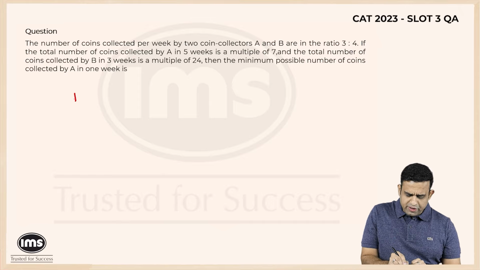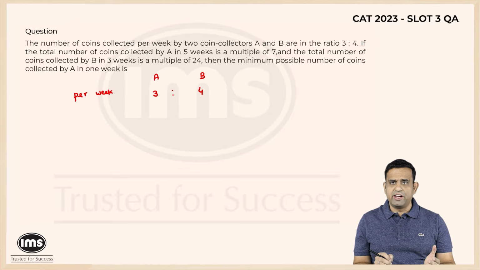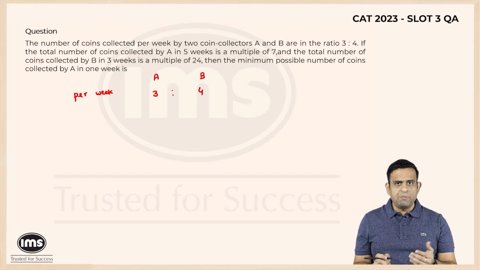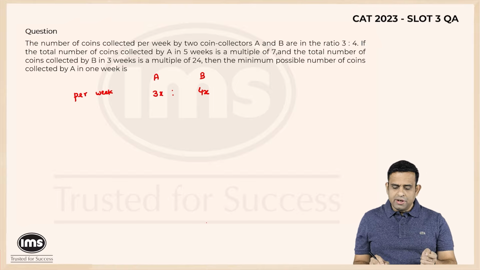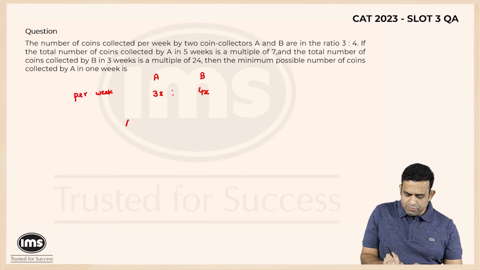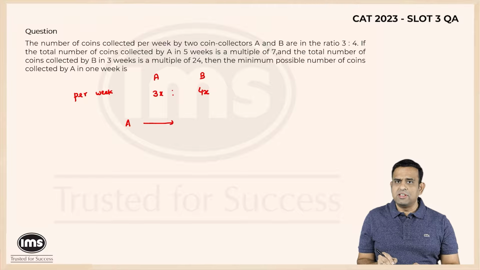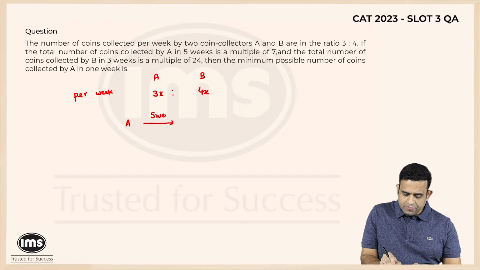So if I look at per week, and if I look at the collectors A and B, this ratio is given to you as 3:4. The number of coins collected by them is 3:4. That means I can take these numbers to be 3x and 4x. Now they are saying that the total number of coins collected by A in 5 weeks, so if I look at the person A, in 1 week collects 3x, so in 5 weeks, the person A will collect 3x into 5, which is equal to 15x.